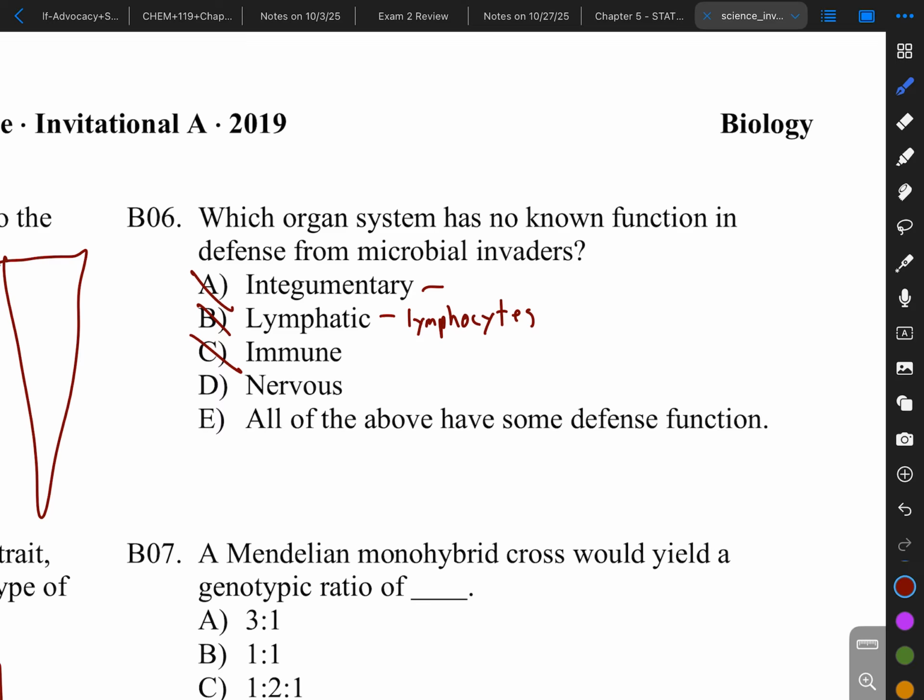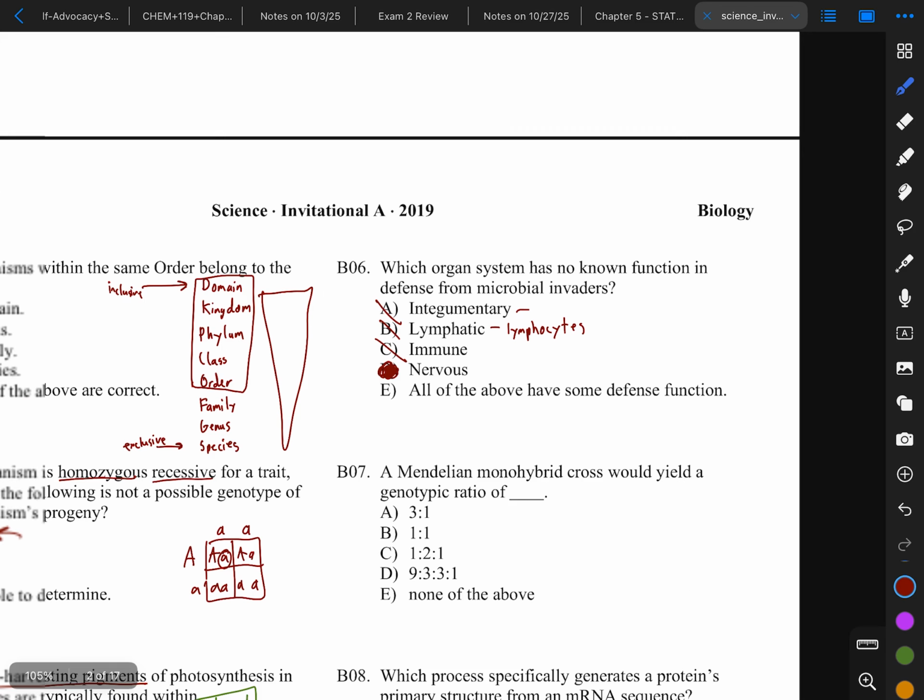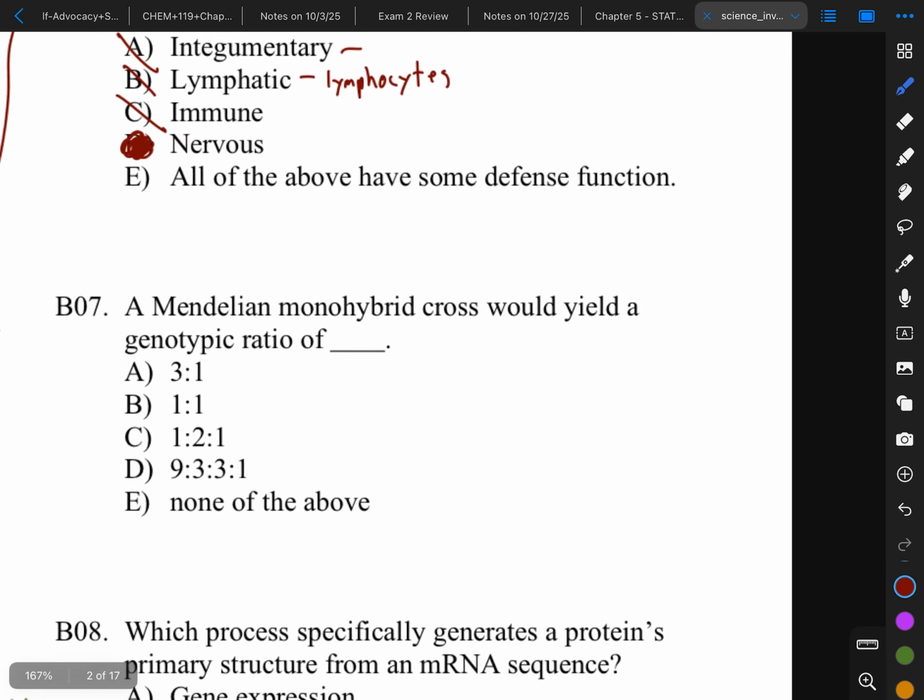So that's out. Nervous system. The nervous system has no special defense against microbial invaders. It pretty much relies on the other 3. So if a pathogen gets past those, and if it attacks the nervous system, it has no defense. So answer number 6 would be D.